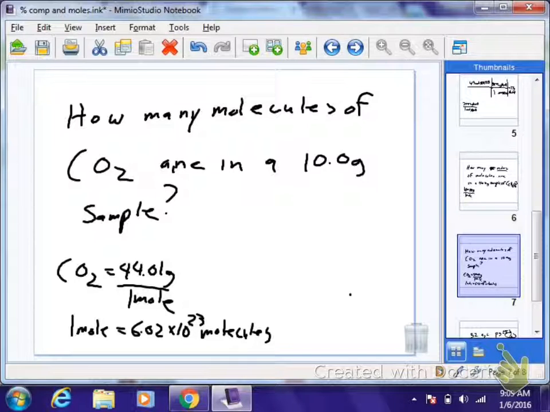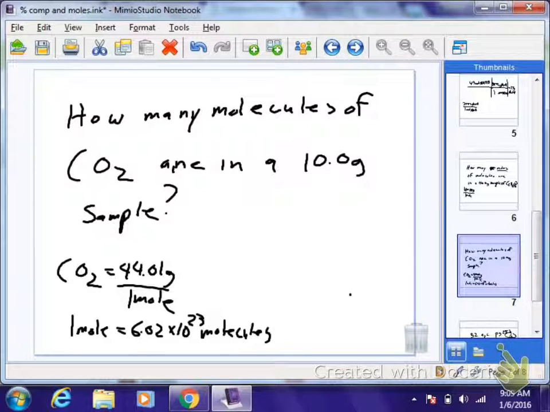You can write that down. So now we're looking at not moles, but now we're actually looking at how many molecules. So carbon dioxide is a molecule, and we want to know the exact amount, not moles of molecules, but actual molecules.